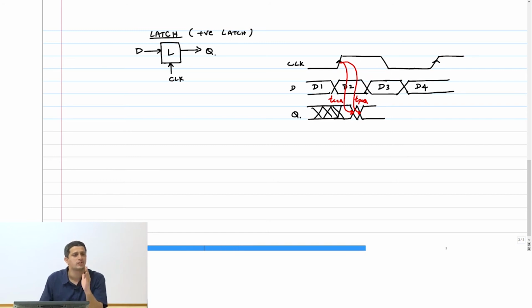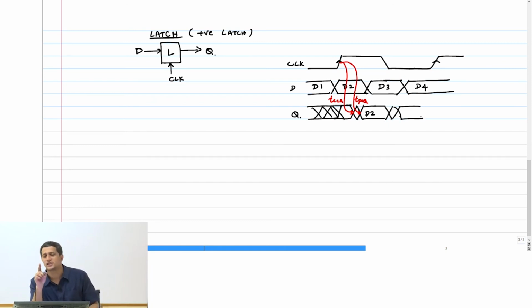Now there is a transition from D2 to D3 after the clock has gone high. What should happen to that data? It has to go through. So this is D2, right? This change is now triggered by what? By data, and therefore I will have another term like this.